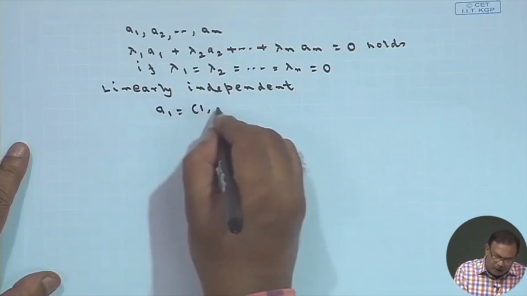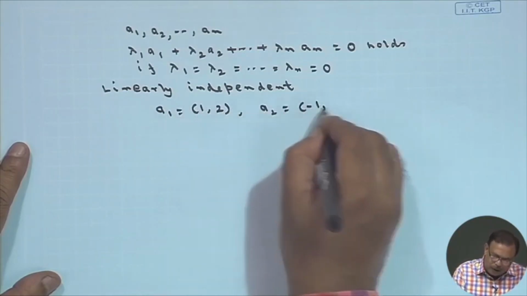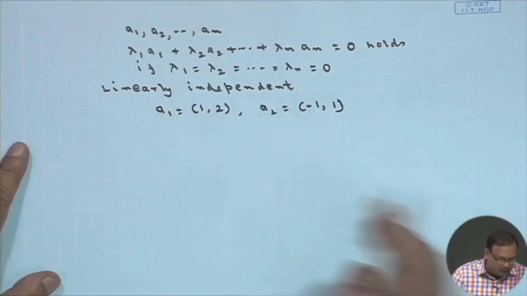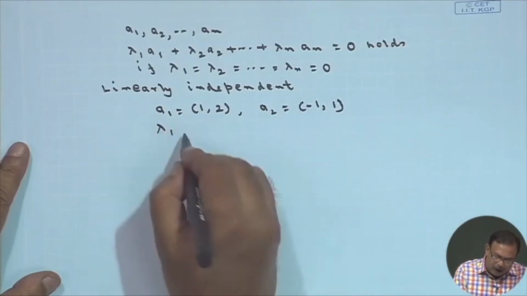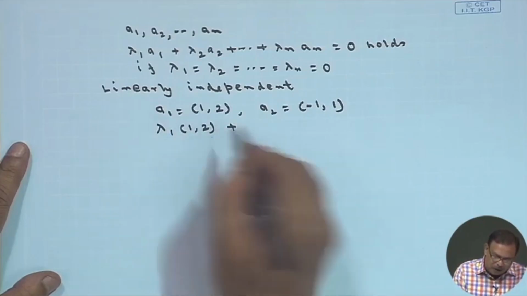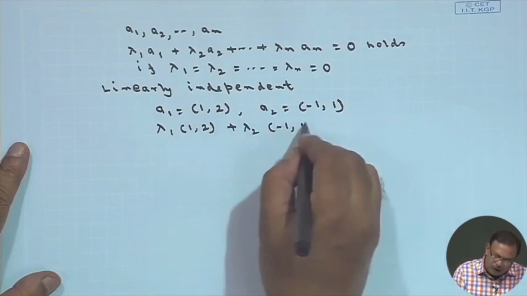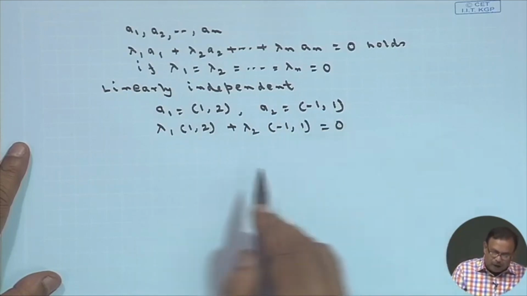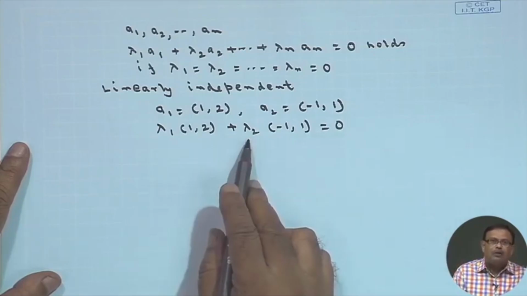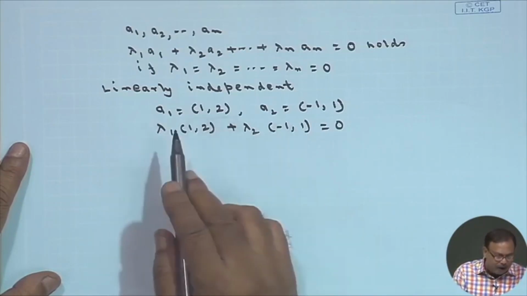For example, if I take A1 equals (1, 2), A2 equals (-1, 1), and consider lambda 1 into (1, 2) plus lambda 2 into (-1, 1), can you find non-zero values of lambda 1 and lambda 2 for which this will vanish?